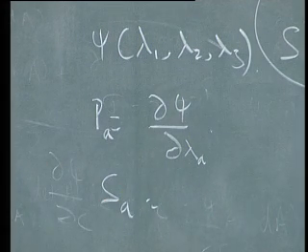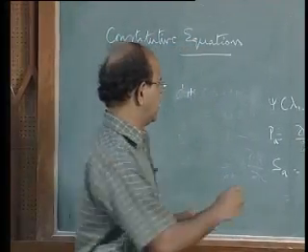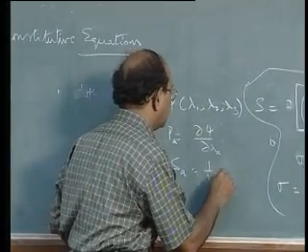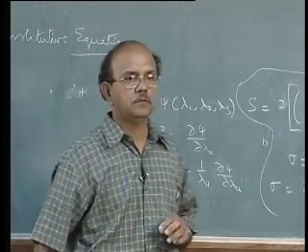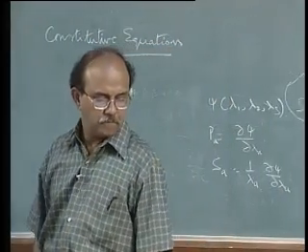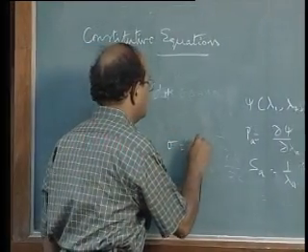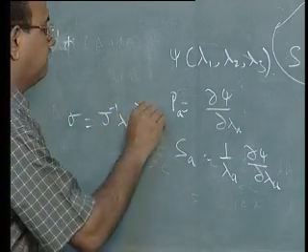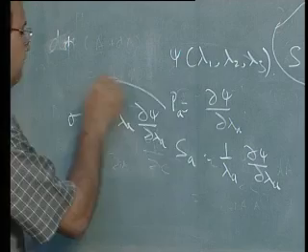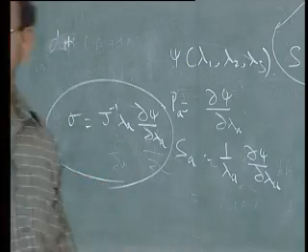S_A, which is the second Piola-Kirchhoff stress, is written as 1 by lambda A dou psi by dou lambda A, and sigma is J inverse lambda A dou psi by dou lambda A. So these are the expressions in terms of the principal stretch values.